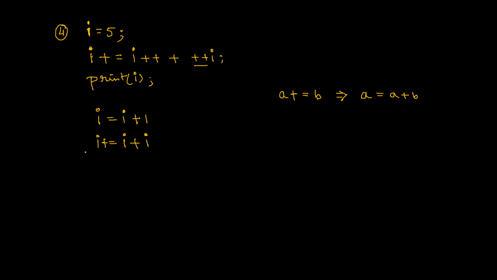So here you consider that this A is I, and this B is I plus I. That means this particular meaning is I equal to A plus B, where A is this I and B is this I plus I. That means I plus I. And then this is about the pre-increment. Now this is left. For the post-increment part, you can write I equal to I plus 1.